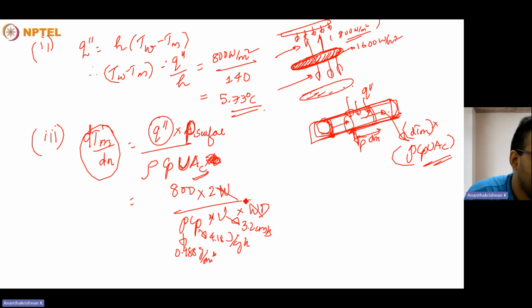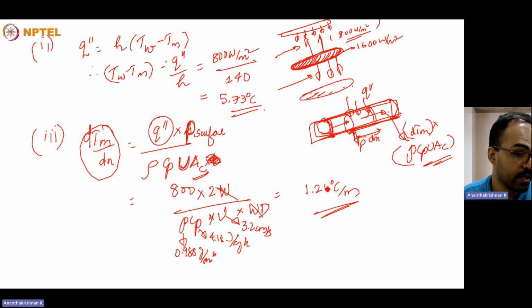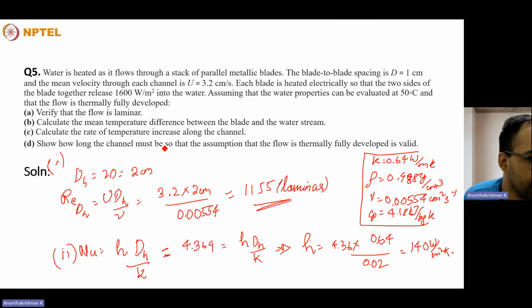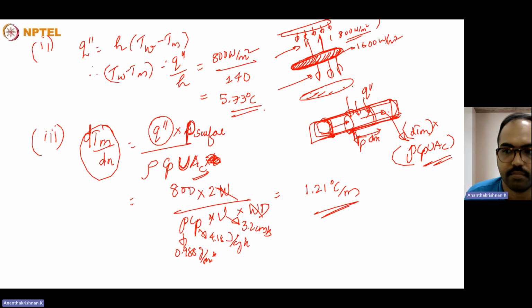So W gets cancelled, only D remains. So dT by dx is equal to 1.21 degrees Celsius per meter. So solving all these parameters, the rate of temperature increase along the length is 1.21 degrees Celsius per meter.